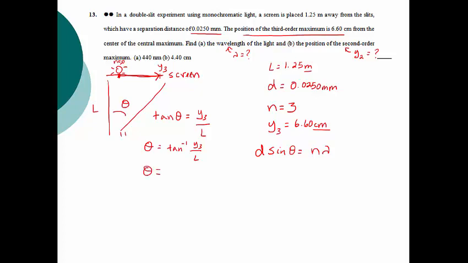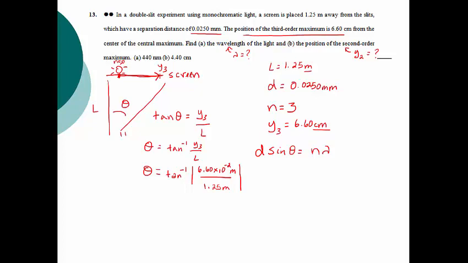So here I'm just going to change them into the same units. So y, easy to put it in meters, 6.60 times 10 to the minus 2 meters divided by 1.25 meters. So I can see that it looks like theta is going to be quite a small number.